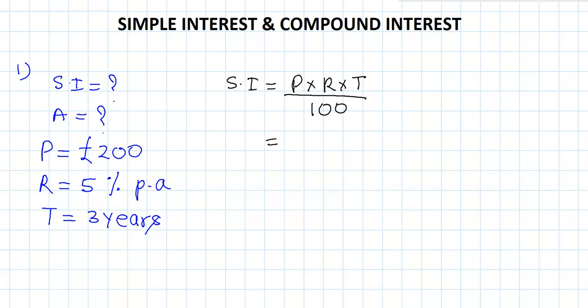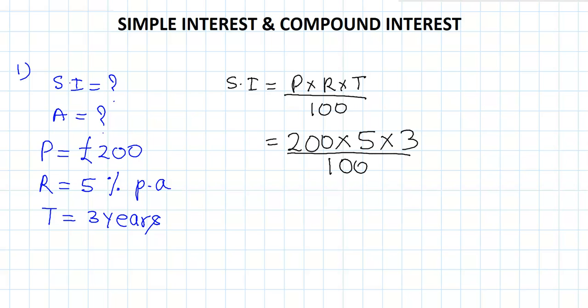What is P here? 200, that's right. So P is 200. What is rate here? 5%, so we can just write down 5. How many years are here, Rehan? 3. Okay. Now divide by 100.